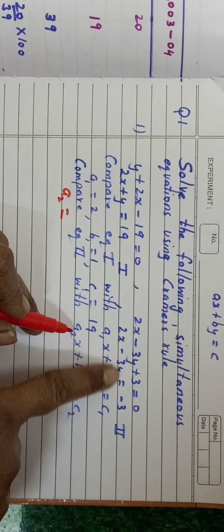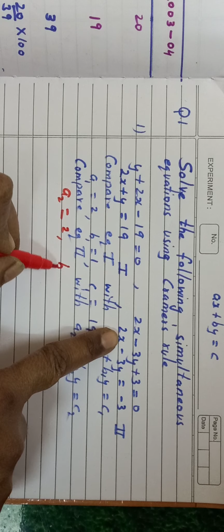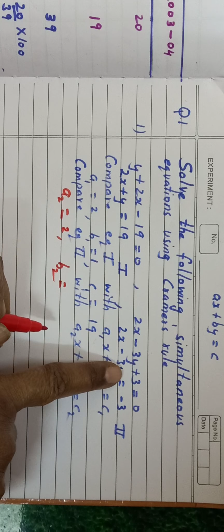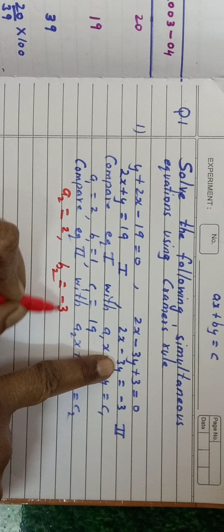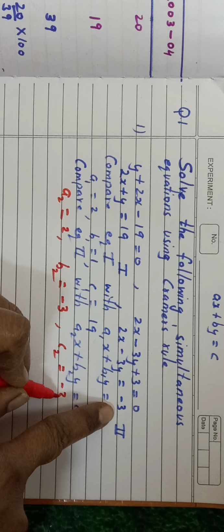So here is the second equation. A2 here is 2, B2 is minus 3, and C2 is also minus 3.